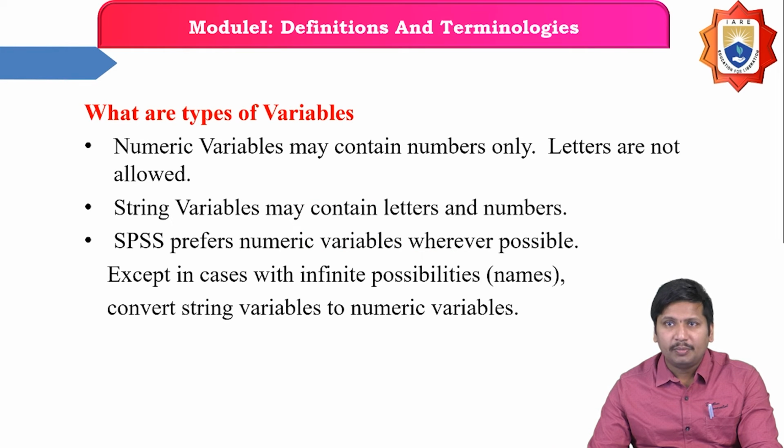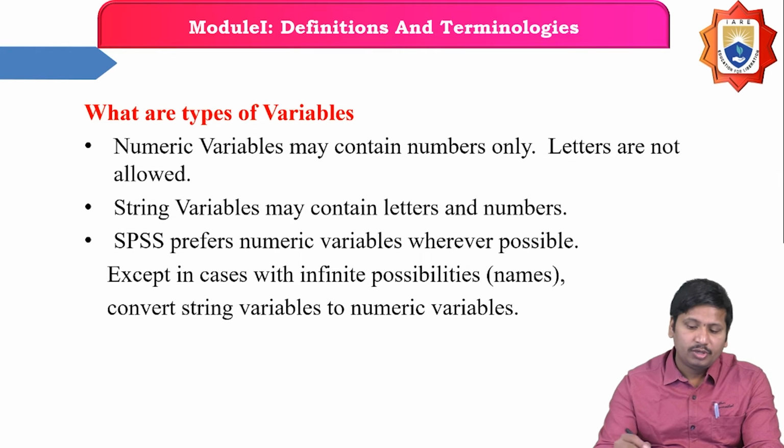So what are the different types of variables? Some variables are numeric variables, which contain only numbers, and letters are not allowed. String variables may contain letters as well as numbers. SPSS prefers numeric variables wherever possible, except in classes with definite infinite possibilities, where string variables can be converted to numeric variables.